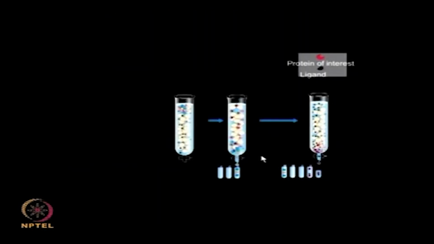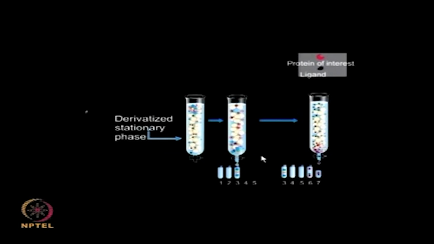Let me give you a definition of a few components. The derivatized stationary phase: the stationary phase resin in affinity chromatography consists of a covalently bound ligand that will specifically bind the protein of interest by interacting with it.